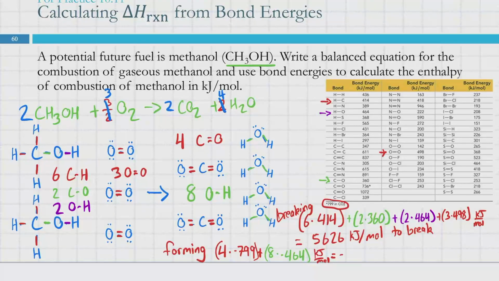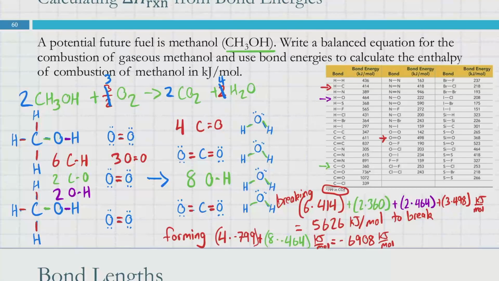We get negative 6908 kilojoules per mole.